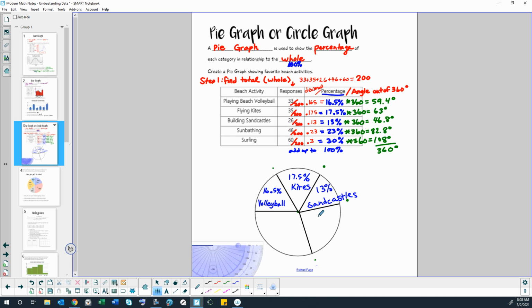And then 23% for sunbathing. And then this one here, surfing, was 30%. So you can see how each section, the size of it tells us how popular things are, but the numbers also tell us what the actual values of the data turned out to be.